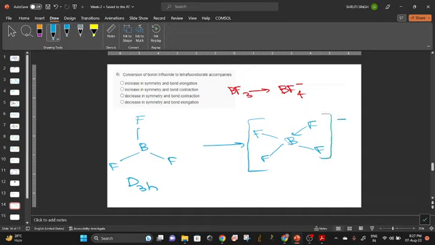What will be the shape of this one? Tetrahedral, right?